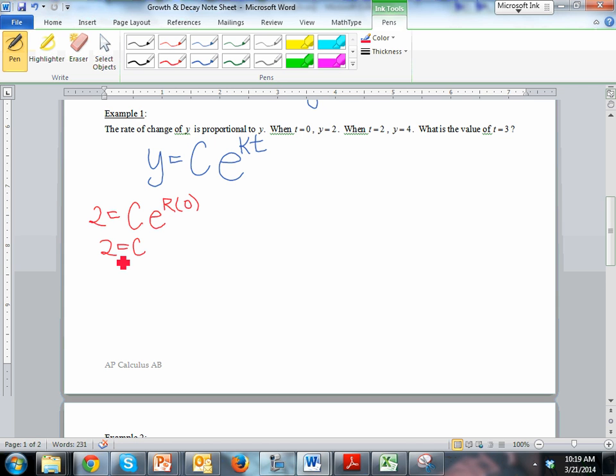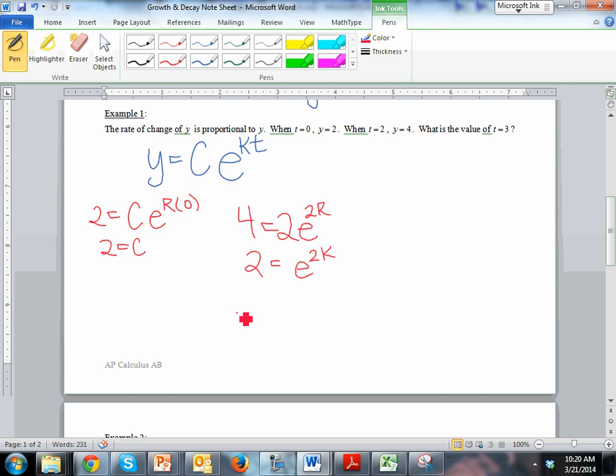Now let's use when time is 2, y is 4. So y is 4. We know that c is 2. And our time is 2. Okay. So, how do we solve this? Divide by 2. Now what? Natural log.